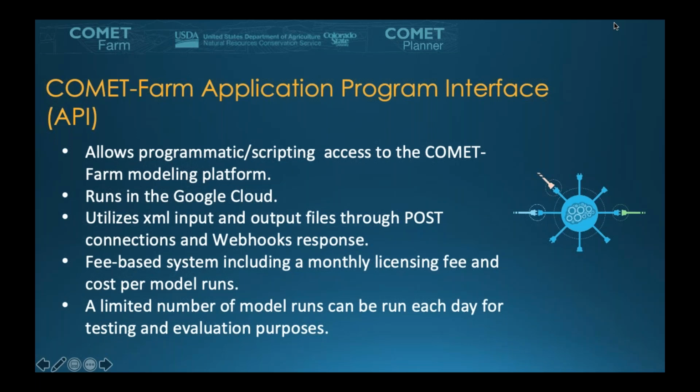And that small fee includes a licensing fee and a small cost for us to run the model in that manner. So if you're interested in that, I can get you in contact with Brad Justice of Soilometrics, who is in charge of licensing that. For COMET Farm users, if you go to comet-farm.com, that is 100% free. Just the API requires a small fee.